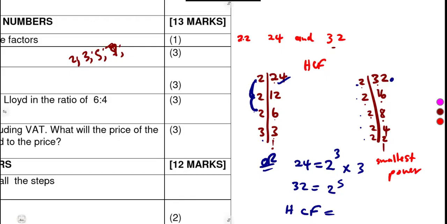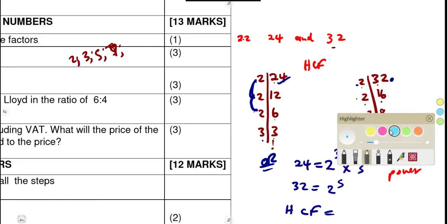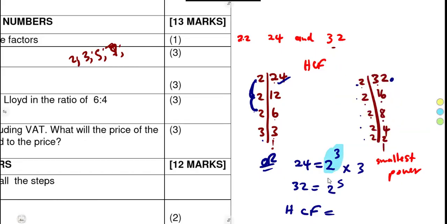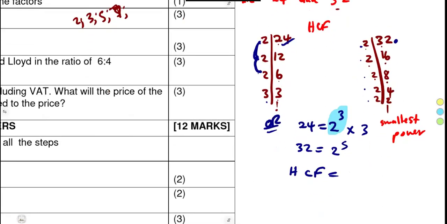But which one has got the smallest power? It's this one, 2 to the power of 3, compared to this one. 2 to the power of 3 is the one that has got the smallest power. So this is the one that you're going to take, 2 to the power of 3, which is 8. Just like that. So guys, there are so many ways.